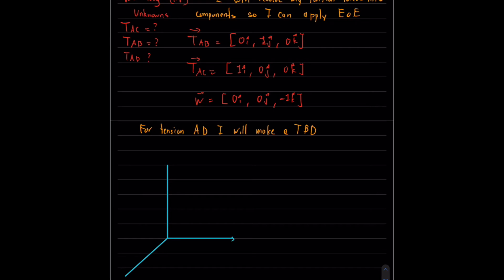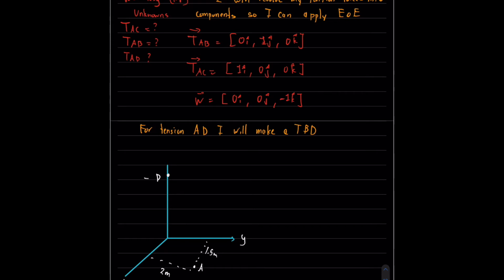Okay. Point D. Point A. I believe the distance was 1.5 meters, and 2 meters in the y direction. This is y, x, right?